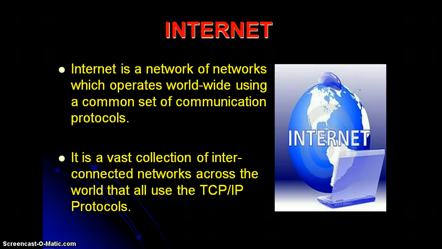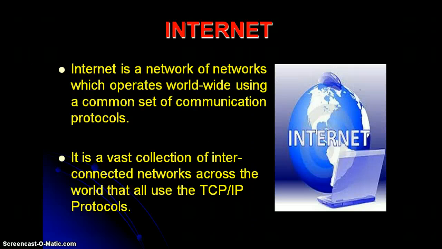Let's start. First, we define what is internet. The internet is made up of millions of computers linked together around the world in such a way that information can be sent from any computer to any other 24 hours a day. These computers can be in homes, schools, universities, government departments, or businesses small and large.